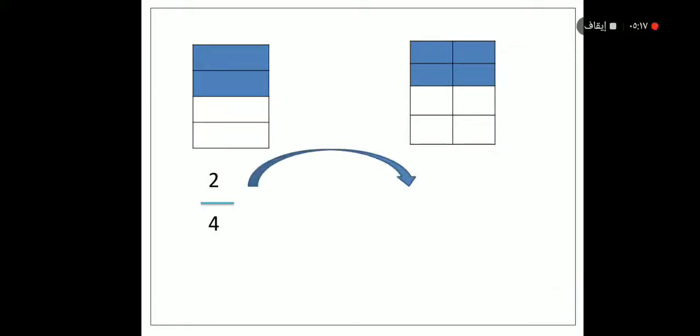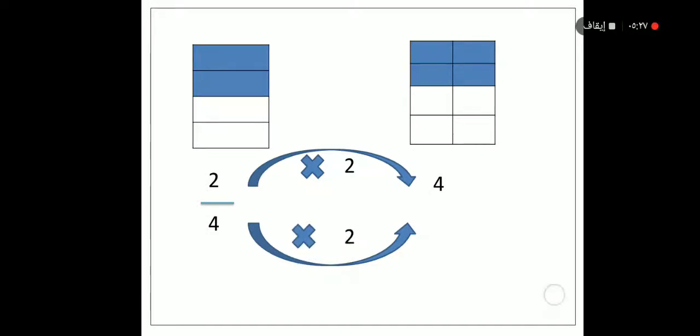When we multiply 2 by 2 equals 4, and 4 by 2 equals 8. Then 2 over 4 equals 4 over 8, and we can say 2 over 4 and 4 over 8 are equivalent fractions.